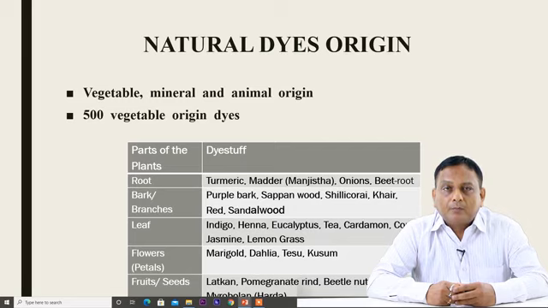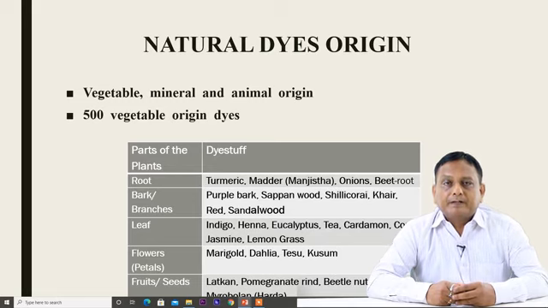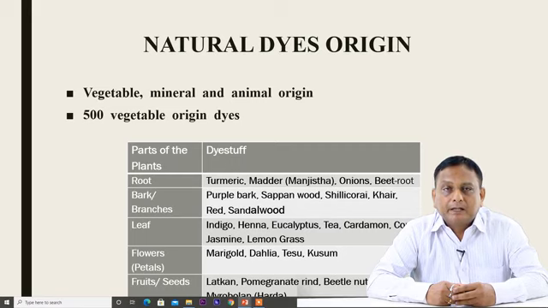In bark form or branches you will get a lot of such material, like sandalwood and purple bark. In leaf form we get henna, indigo, tea, cadmium, and lemongrass is also very important. In flowers, marigold, tesu, there are a lot of such flowers, even red roses, all available here.